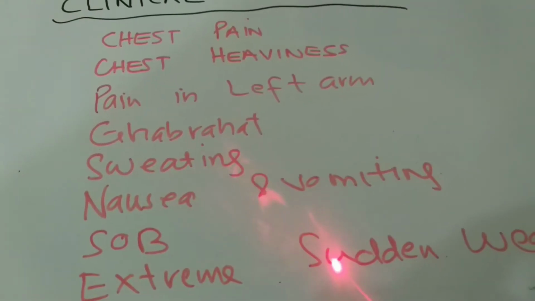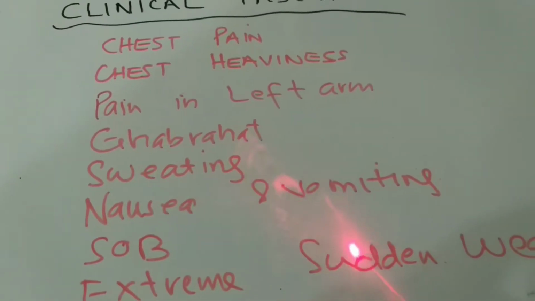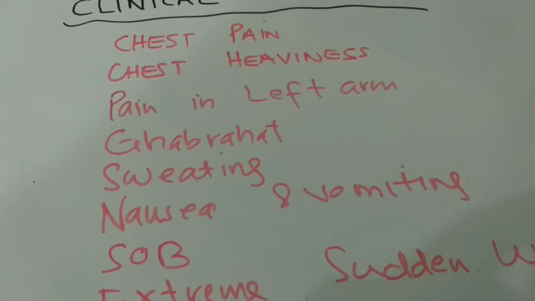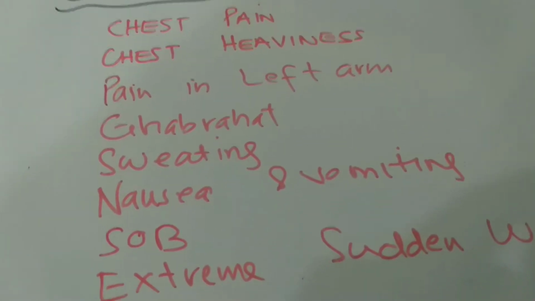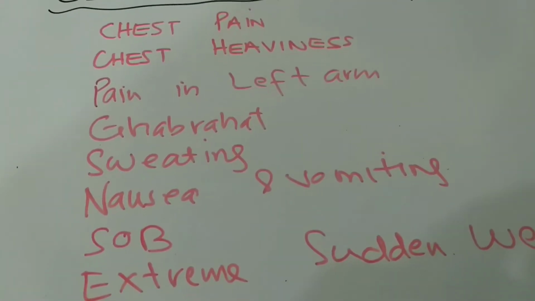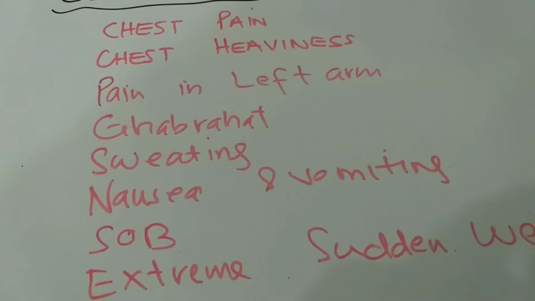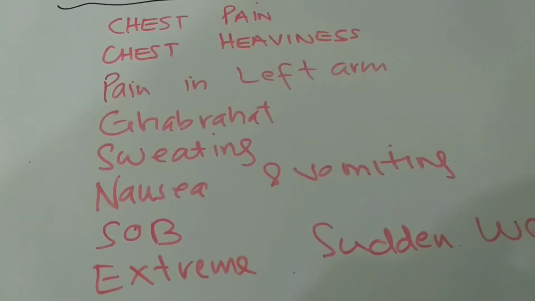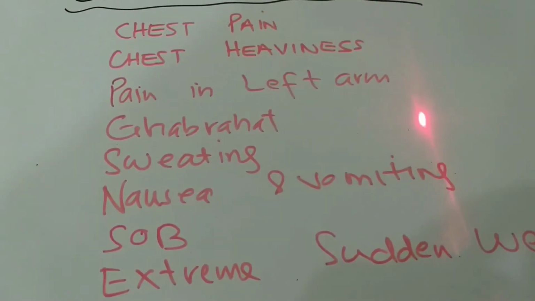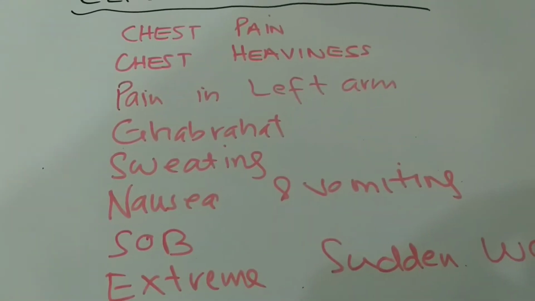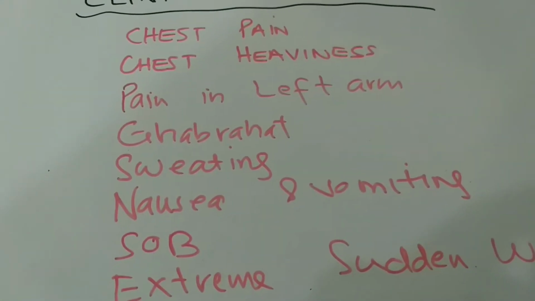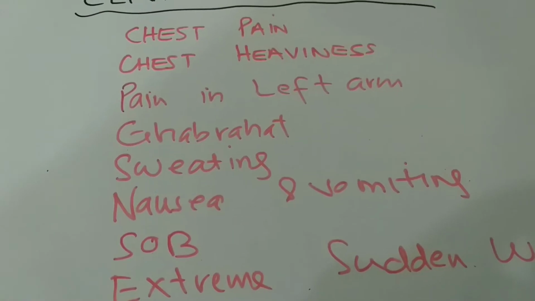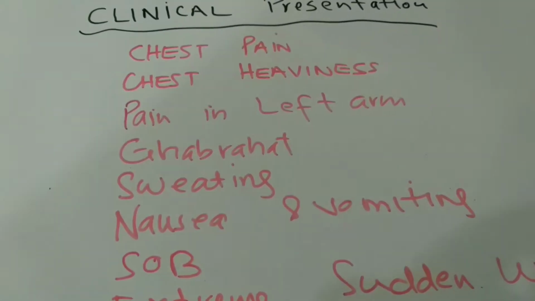In the elderly especially, there can be extreme sudden weakness. Those patients who are female, diabetic, and elderly sometimes have an atypical presentation. Atypical presentation includes extreme sudden weakness, shortness of breath, a feeling of unwellness, and there can be nausea and vomiting. So be very skeptical of the diagnosis.